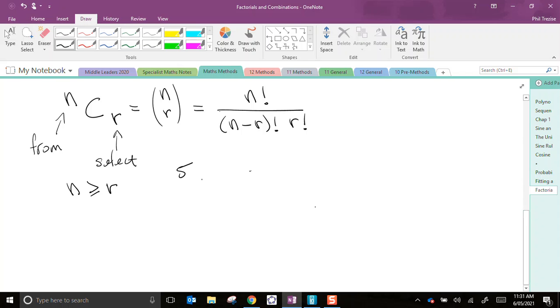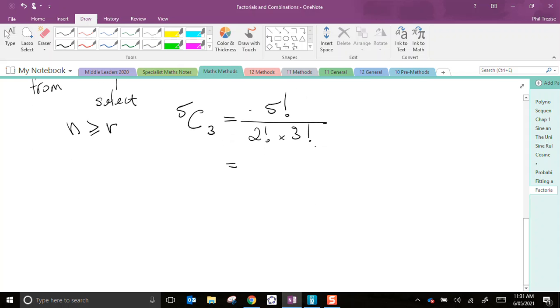Now let's have a bit of an example. Let's go 5C3. This means we want to try and choose 3 objects from a group of 5 objects. So let's list this. It's 5 factorial over n take r, which is 5 take 3, that's 2 factorial, multiplied by r factorial, that's 3 factorial. Interesting. Do we really have to multiply this all the way out?